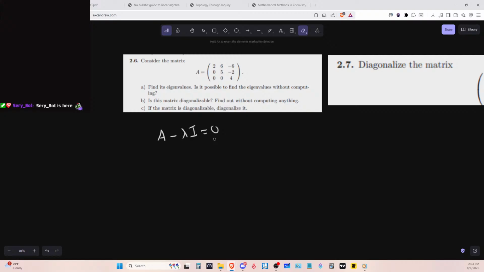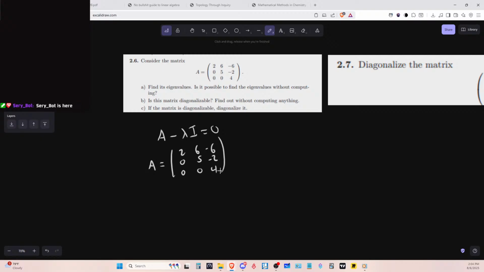Without computing, huh? Well, since we do have a triangle here, because we have the matrix A, I just noticed that we have a little triangle of zeros here. So that could be our first clue.